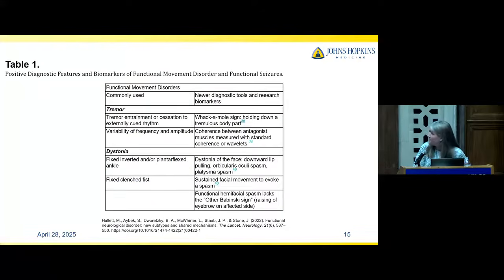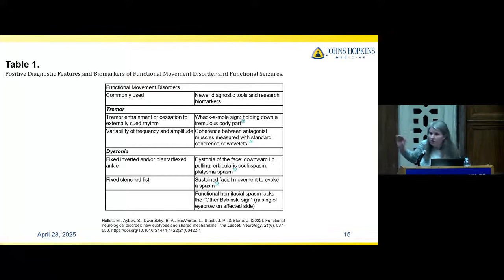Okay, so I included this table because, again, I think it's a great resource to have, basically outlining in the left-hand column some of the commonly used positive or rule-in signs for functional movement disorders, and then later on functional seizures. And then in the right-hand column, there are some newer positive rule-in signs or diagnostic tools and biomarkers that are being examined.